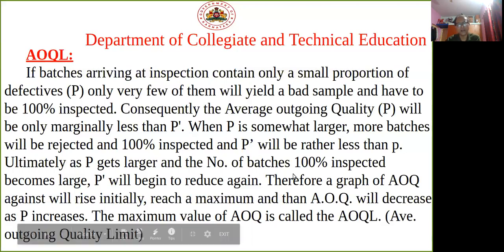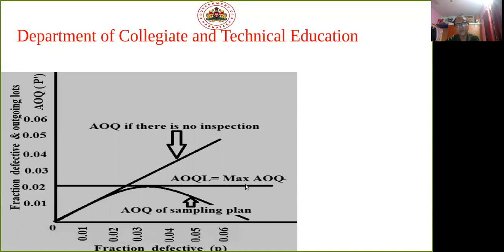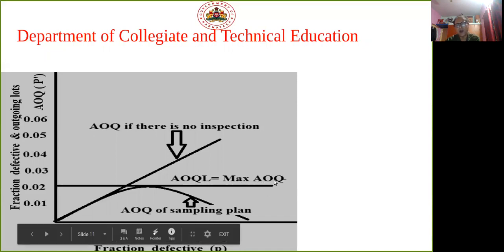So this is called AOQ, and you can see that when AOQ is maximum, it is the average outgoing quality. The midpoint, or the highest point on the curve, is called AOQL, and that will be the maximum when you go for the inspection.